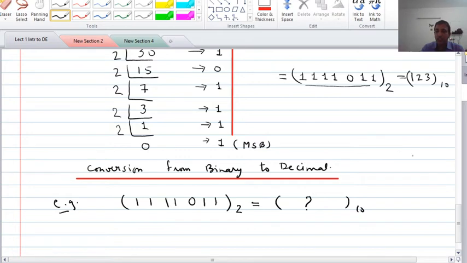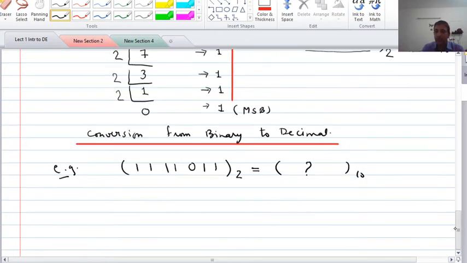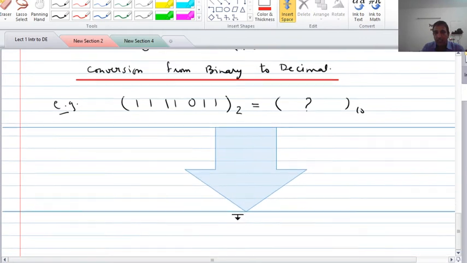So the method will remain the same as for the decimal number. In this case, because we want to find its equivalent value in decimal, we have to write it like this.